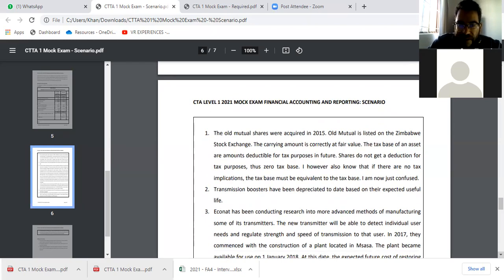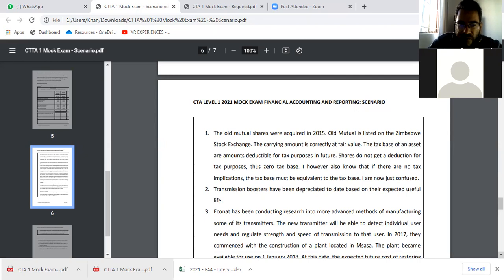The tax base of an asset is the amount deductible for tax purposes in the future. Shares do not get a deduction for tax purposes, thus zero tax base. However, I also know that if there are no tax implications, the tax base must be equivalent to the carrying amount.